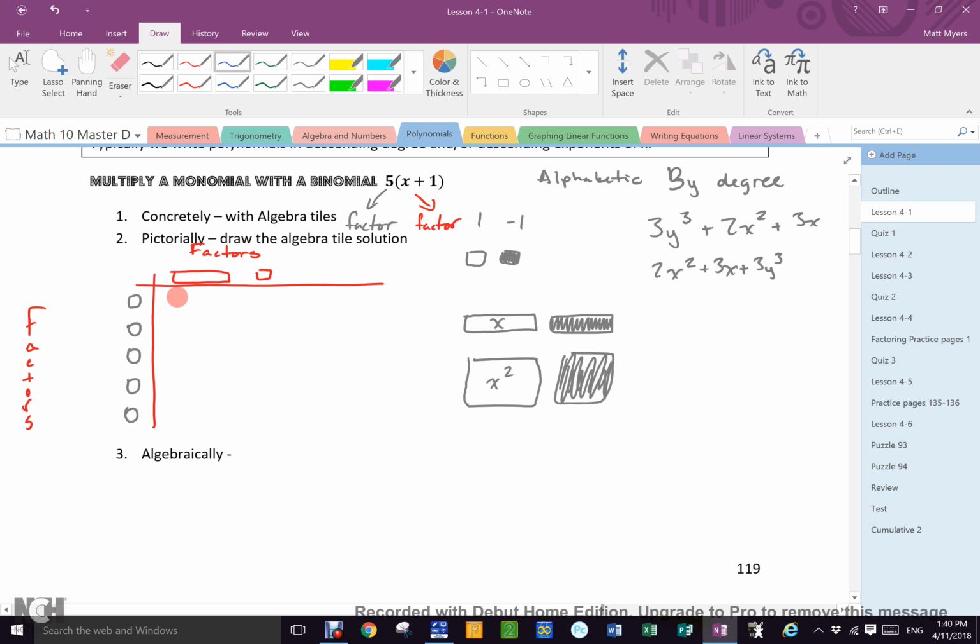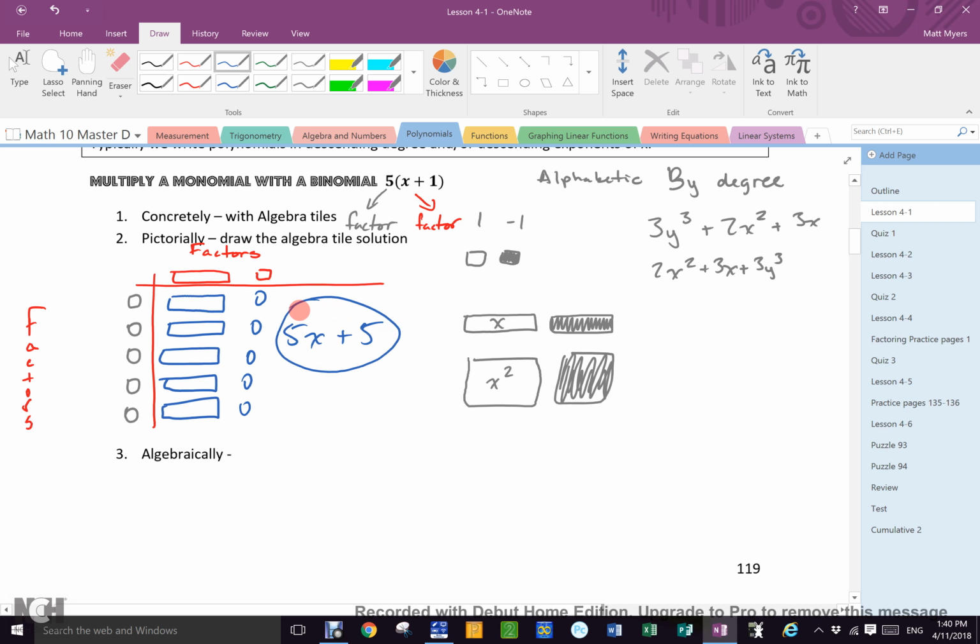And the answer is 1 bar, 2 bars, 3 bars, 4 bars, 5 bars, and then 1, 2, 3, 4, 5. What's the answer? 5 bars, 5x, 5 of them, positive 5. That's my answer. You already know this from grade 9, but there's a reason I'm doing it. Everybody good?